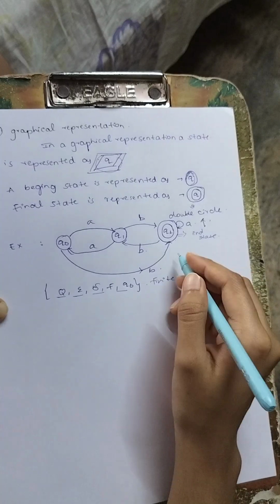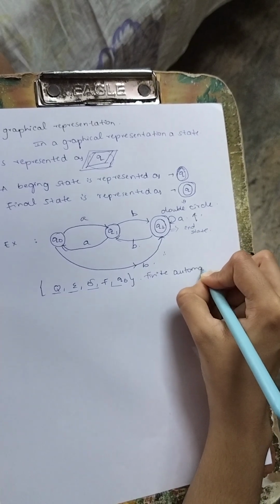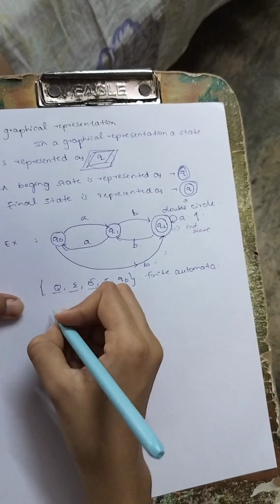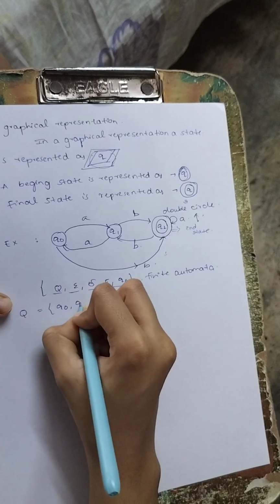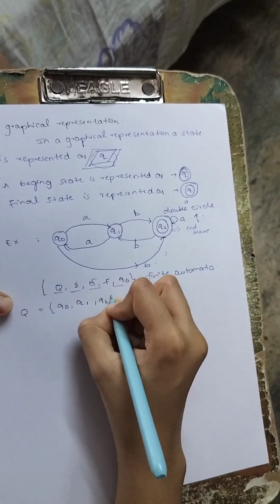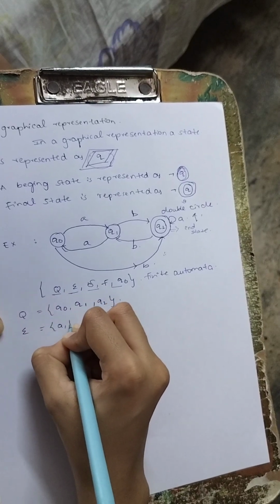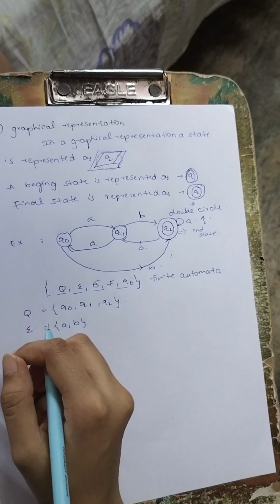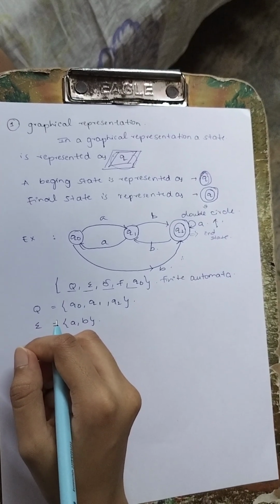We are going to write it from seeing the graph. So Q: Q0, Q1, Q2. Epsilon: A comma B. Where in the previous video we have seen what Q is.